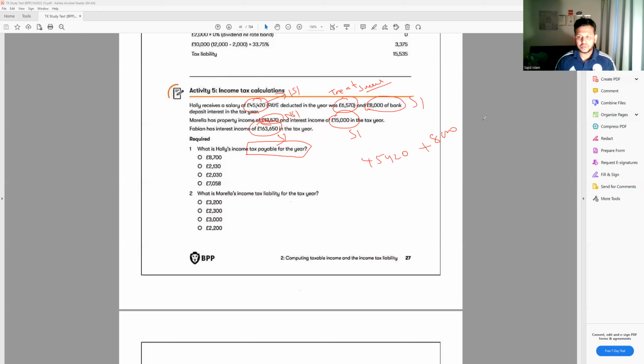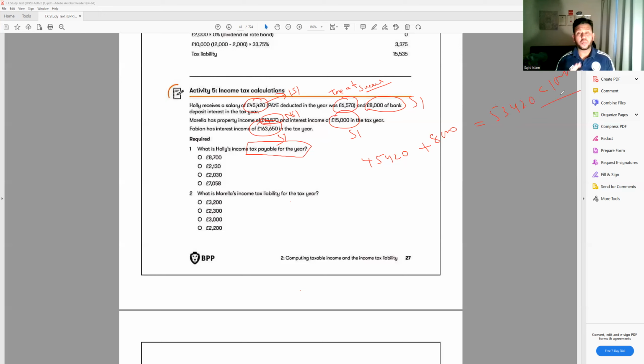If I add 45,420 plus 8,000, that will tell us how much the total income is. This is my employment, and this is the bank interest. 45 plus 8 is 53,420, which is less than 100,000.